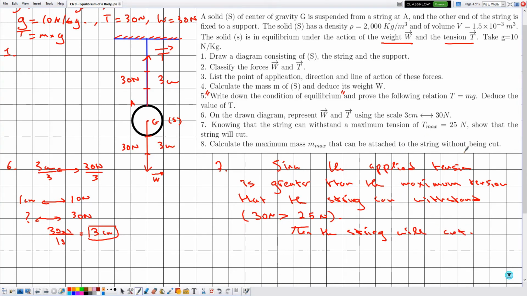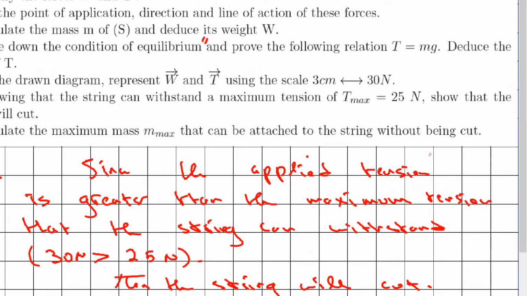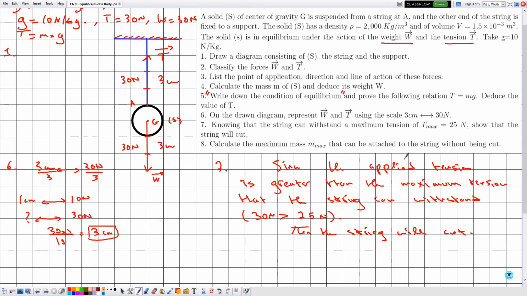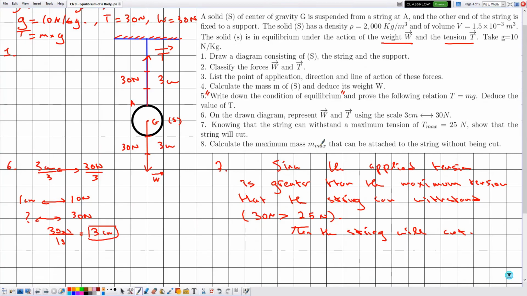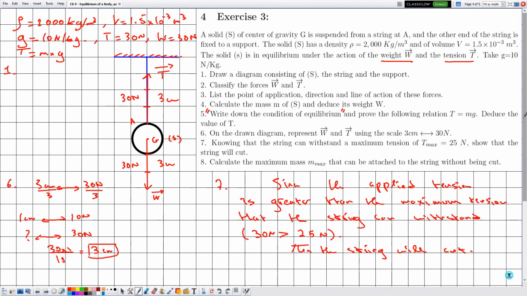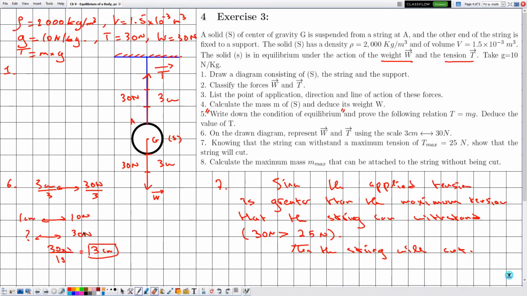And now as for number 8, they are telling us to calculate the maximum mass, M max, that can be attached to the string without being cut. So we are interested in calculating M max. Notice that M max is related to the tension via the following formula.